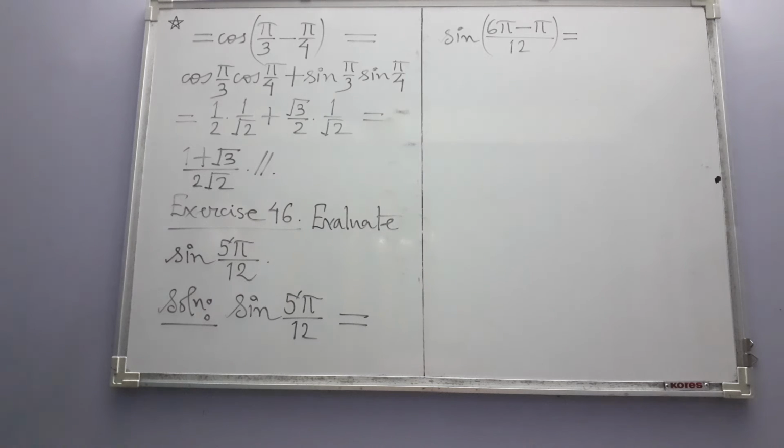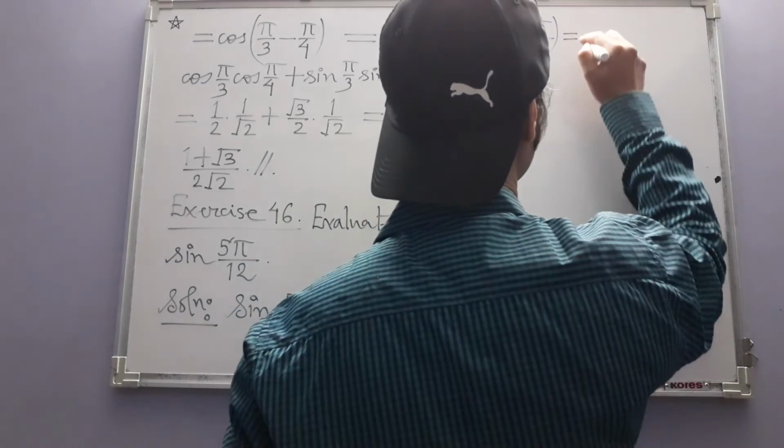Okay, now I have to think. If I do it like this, then I would have pi over 12, but with both sine pi over 12 as well as cos pi over 12. Okay, but if I actually apply the, okay, let's just see what happens.